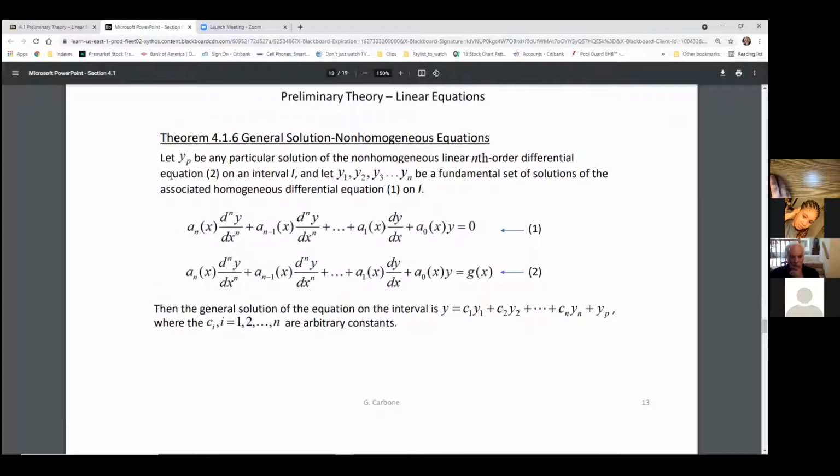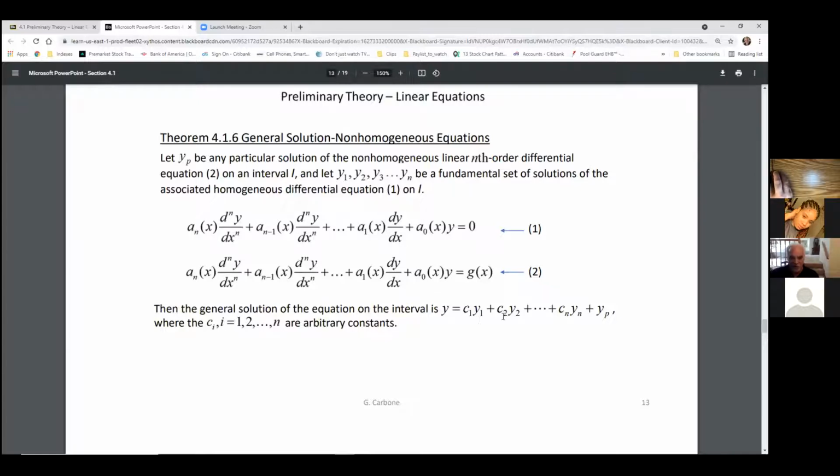Okay, so if we let y of p be a particular solution to the non-homogeneous nth order differential equation on some interval, and y1, y2, y3 be the fundamental set of the associated homogeneous linear differential equation, then all we're saying is that the solution to equation 2 is just the sum.